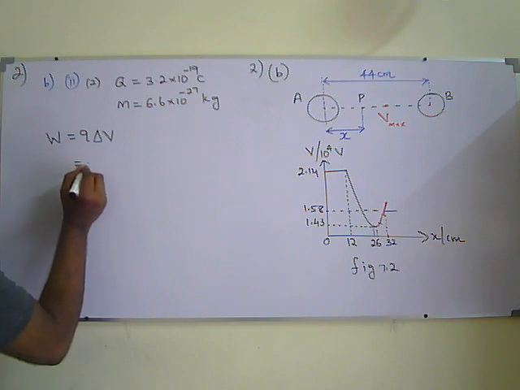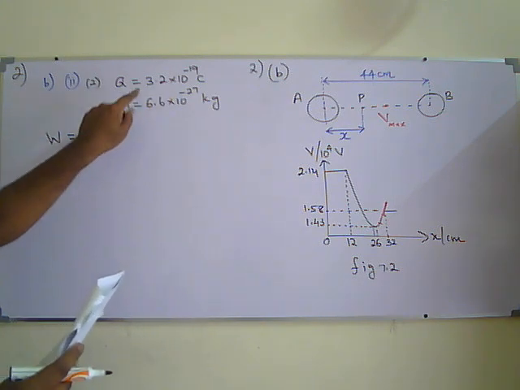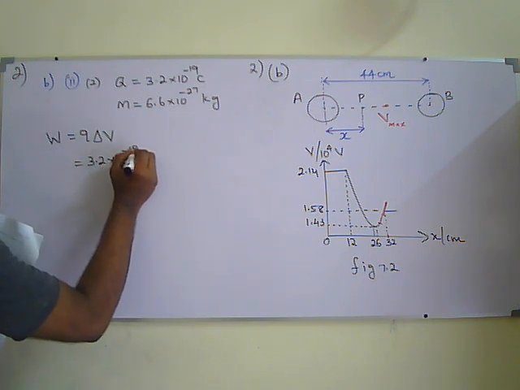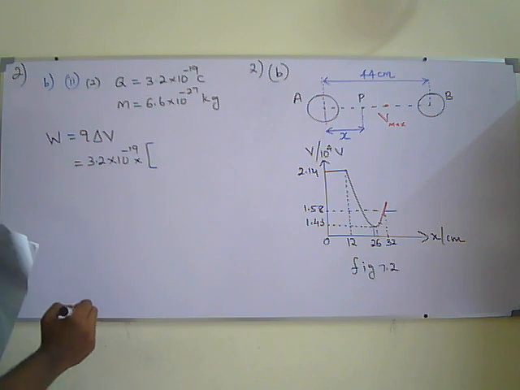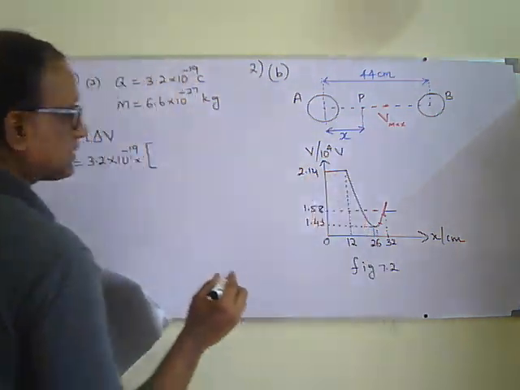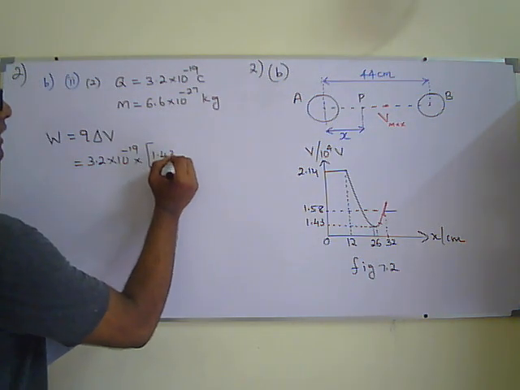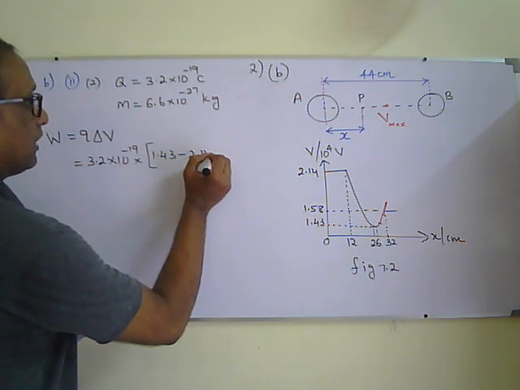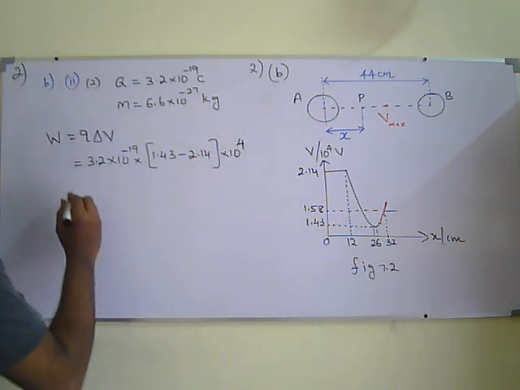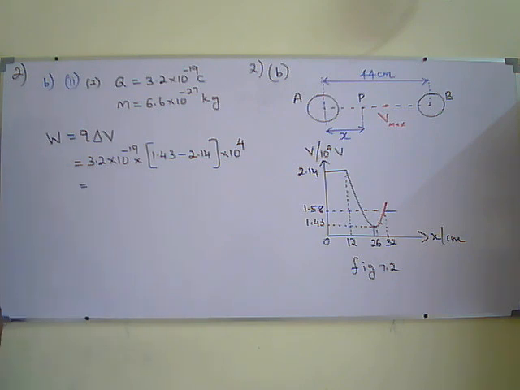Q is given as a positive quantity, 3.2 × 10^-19. The potential difference is this potential minus this potential, that is 1.43 minus 2.14, times 10^4. Now solve it, and you will get a negative work done.